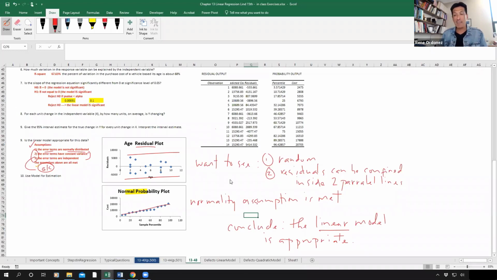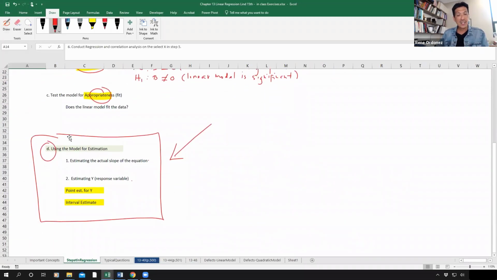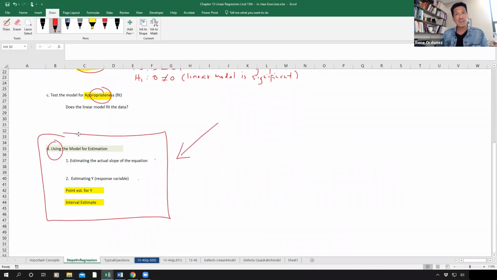So once a model is deemed appropriate, then and only then should we be doing this kind of analysis using the model. Okay, so the model can be used for two things. One is for estimating the actual slope of the equation, and number two is for estimating the value of y, the value of the response variable, either using a point estimate or an interval estimate.